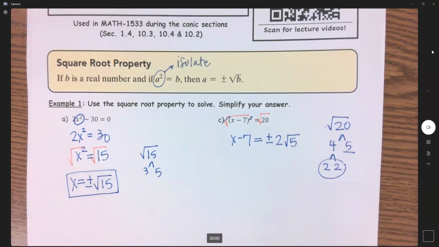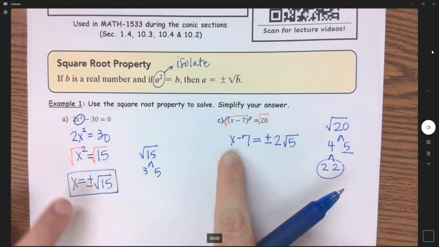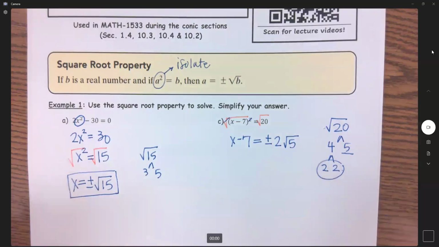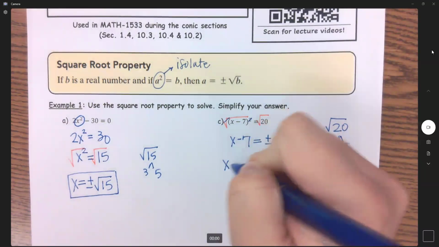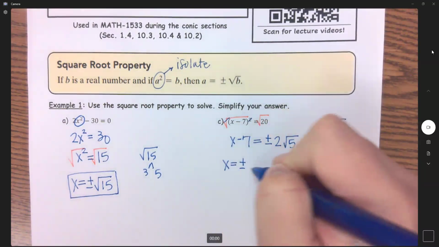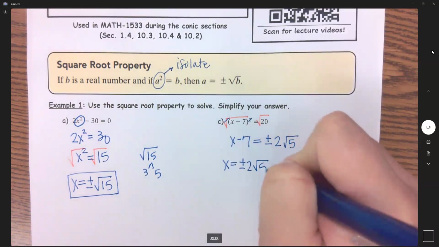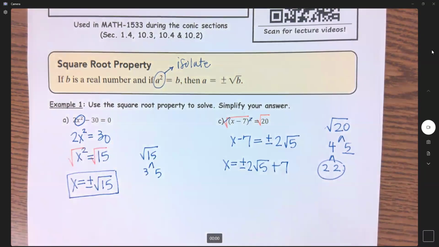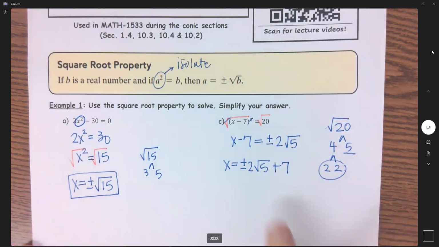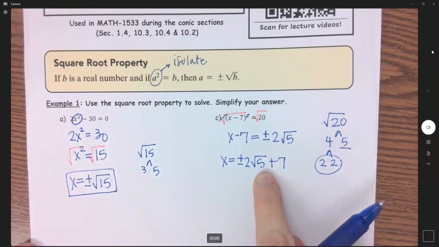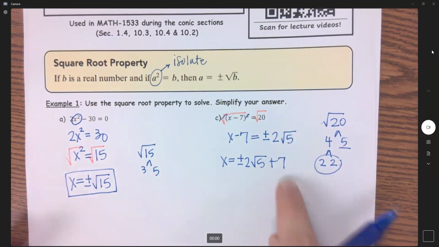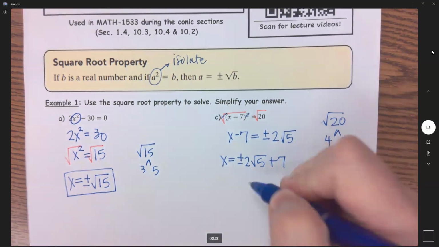Now this one, we're going to go one extra step because I don't have x by itself like it is over here. So now we're going to add that 7 over. You can write this one of 2 ways. You can write this as plus or minus 2 square root 5, and then when we move this over, it's going to be a plus 7. I typically, though, like my radicals at the ends, because if you write this sloppy, I can't tell if that plus 7 is under the radical or not under the radical.